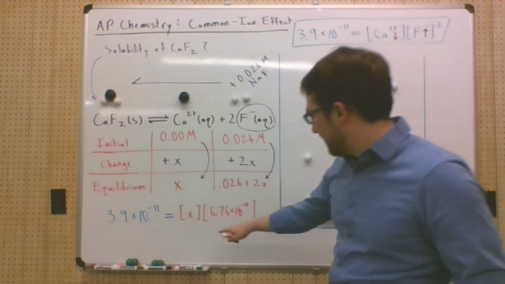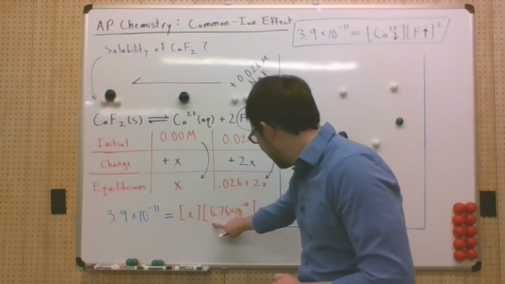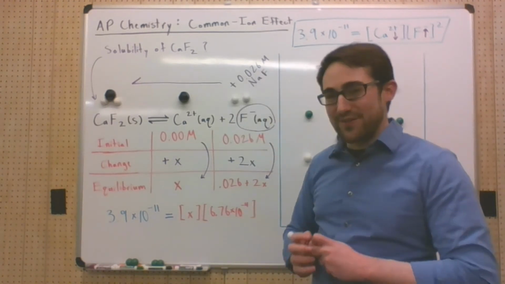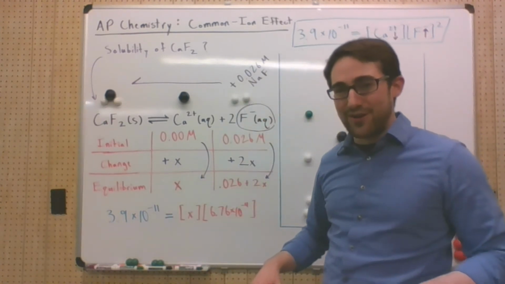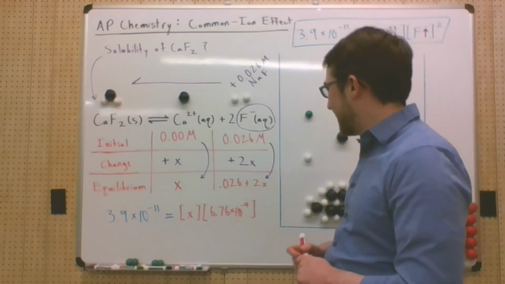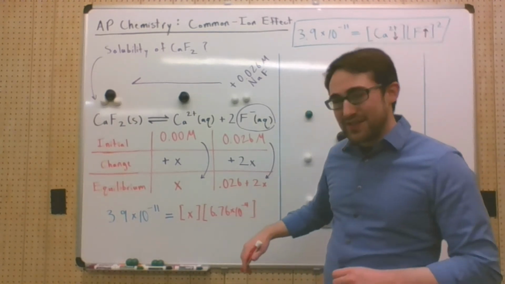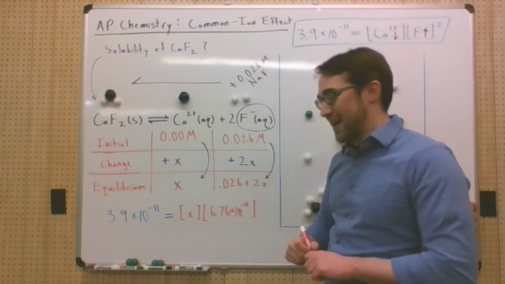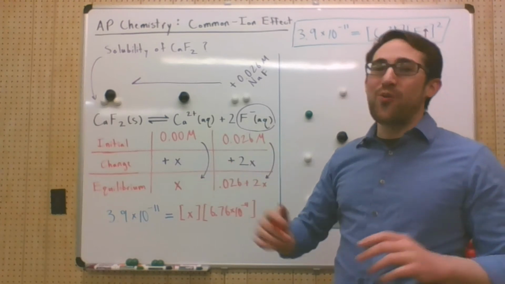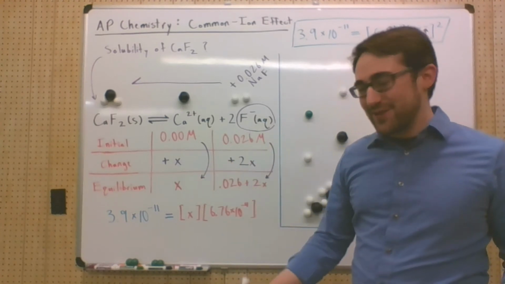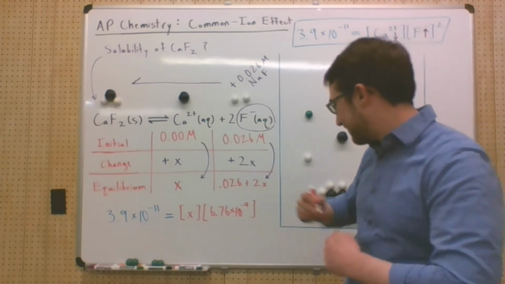So all we're left with is this concentration of x times this concentration of this. There should be some small amount of Ca2+ that we are going to have at equilibrium, okay? But this isn't going to change that much that our math is going to be affected inside here. So we're just going to solve for x this way, which is so much easier because all we have to do is divide both sides by this 6.76 times 10 to the negative fourth.